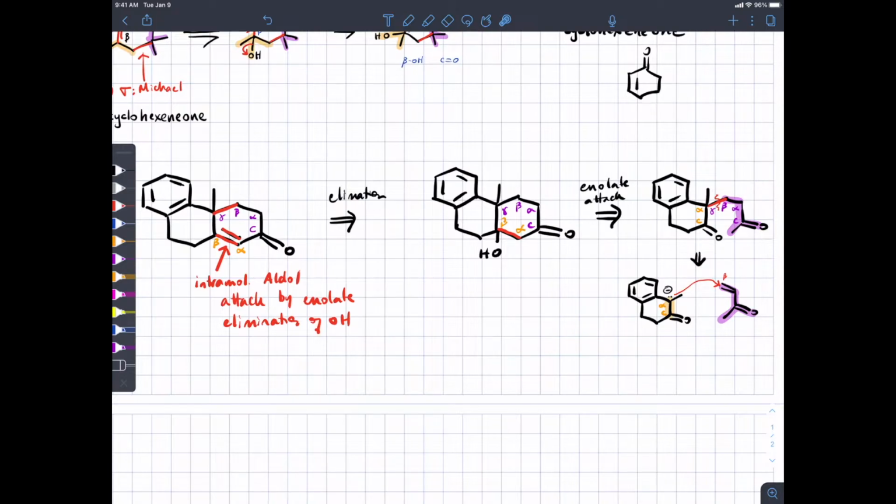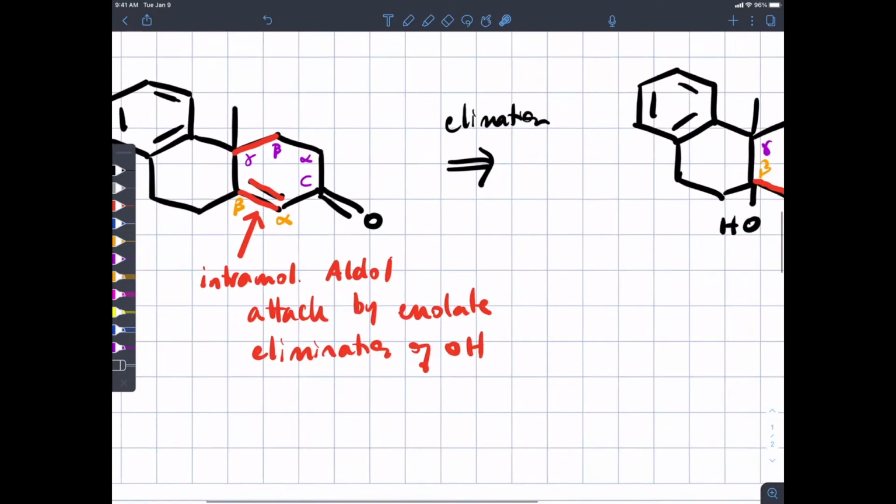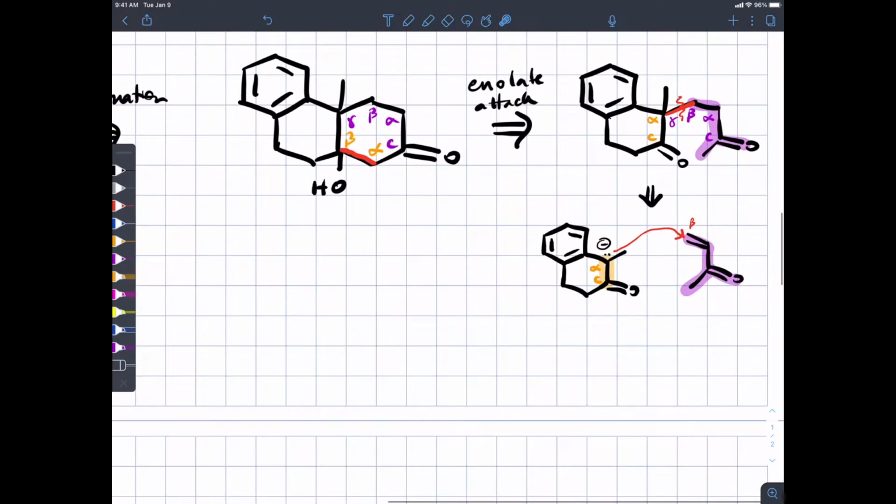Okay, go ahead. Could the larger starting material be the one with the double bond instead of the small one? It's a good question.